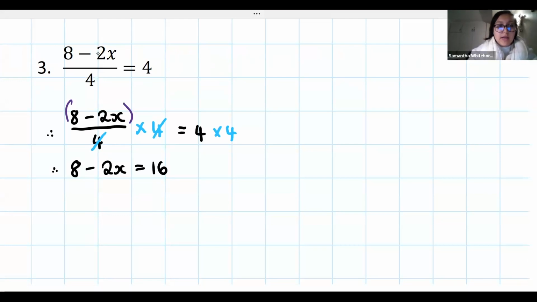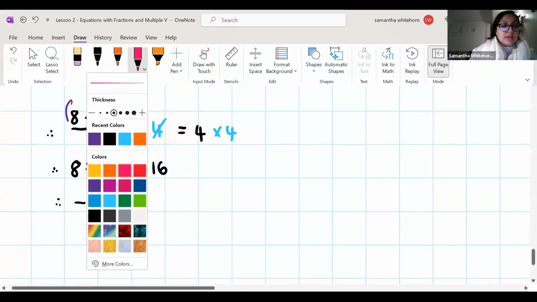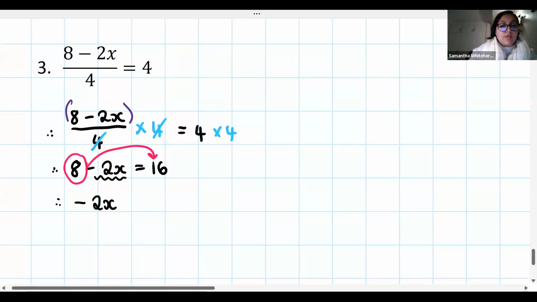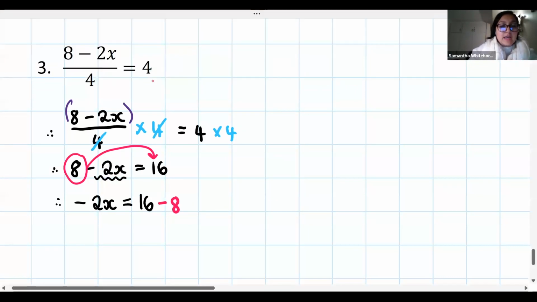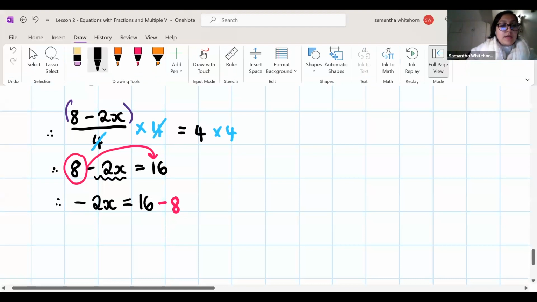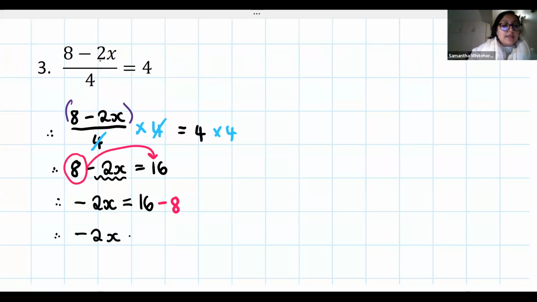Now I solve my equation. I want to keep this negative 2x on the left, but what that means is I want to go and take this positive 8 and I want to move it over my equal sign. That means it's now going to become negative 8. So I'm going to have 16 minus 8 because it comes over the equal sign, so the sign changes. 16 minus 8 is 8.